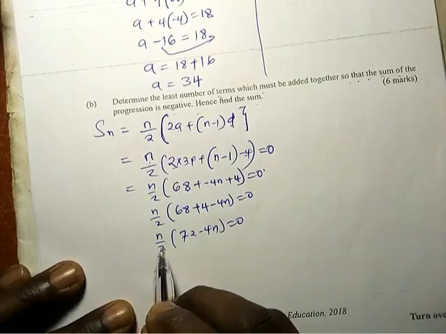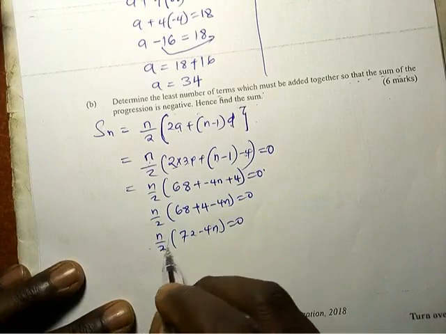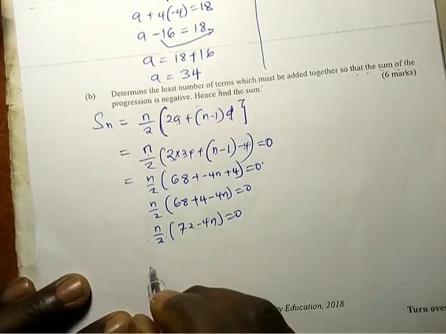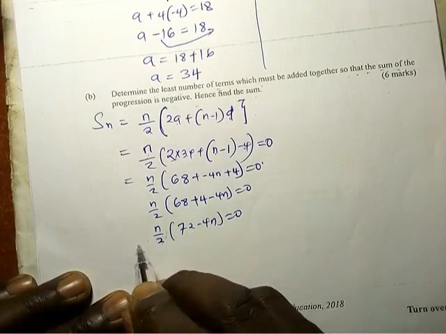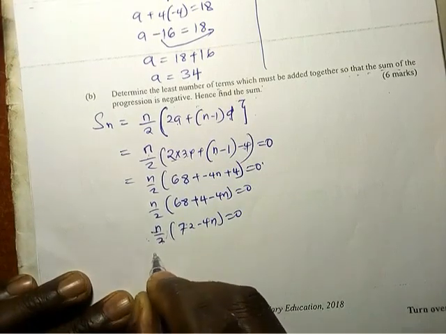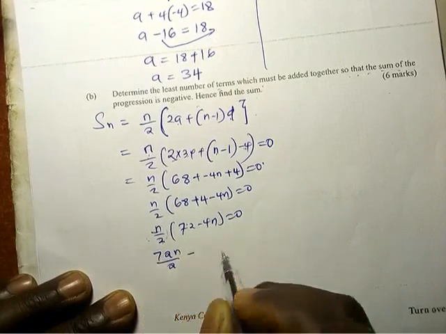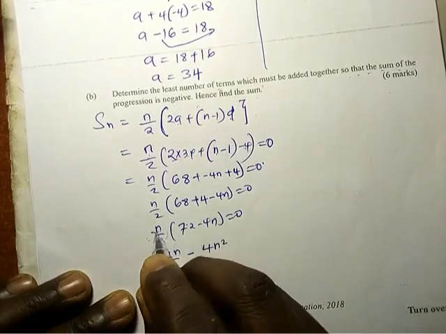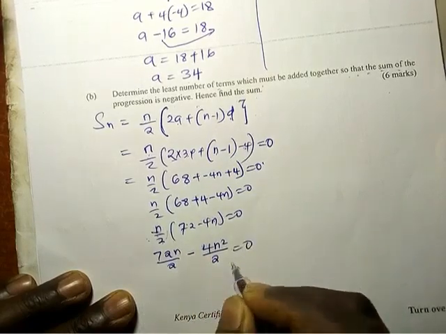So let us remove this n down here. I will multiply by the reciprocal of this. Okay, let me open this one. N times 72, we are going to have 72n over 2 minus 4n squared, n times 4n, that is n squared, divided by 2, equal to 0.